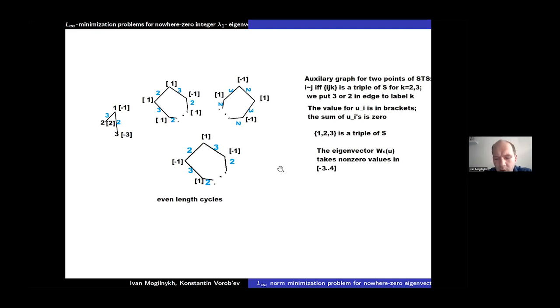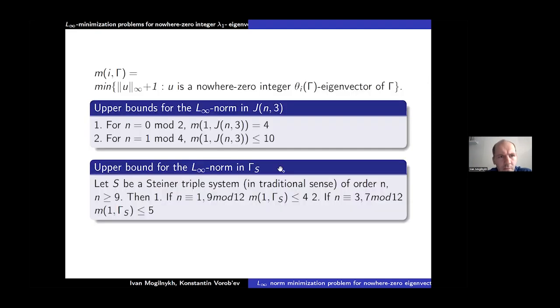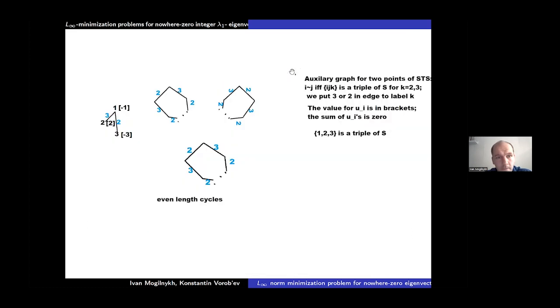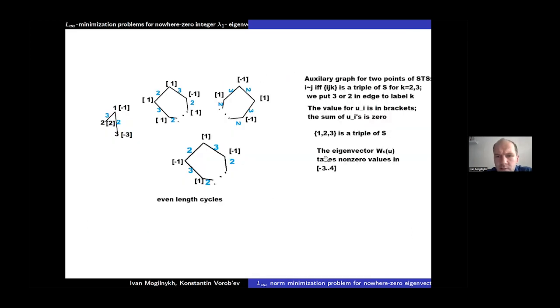Okay, and according to this theorem, we have to take an eigenvector on the complete graph whose vertices are points. We can take the following eigenvector. We set -1 in this vertex, 2 in this vertex, -3 in this vertex.